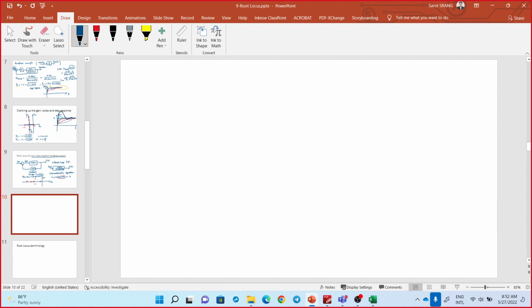Let's say I want to use another type of controller, for example, a lead controller, lag controller, PD controller, or PI controller. So for example, we have a control architecture like this, and let's say this one is PI.